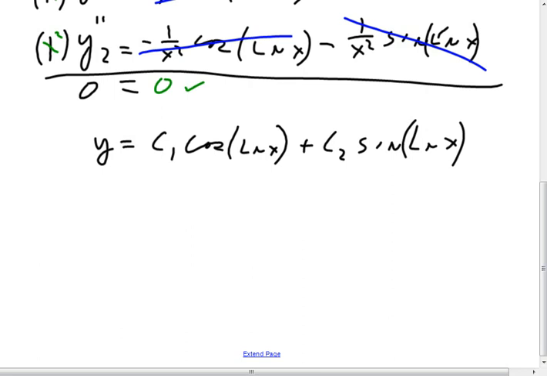And I have initial conditions that say y at 0 is equal to something, and y at 1 is 2, and y prime at 1 is minus 3. Now, I can't have y at 0 because I can't take the natural log of 0. That was a non-starter. Okay, so back to what we're doing here.